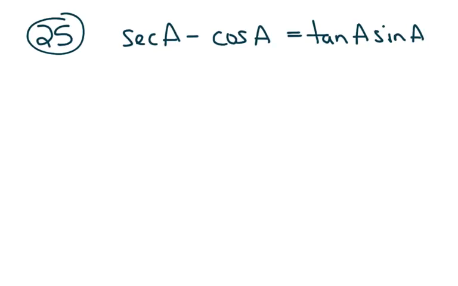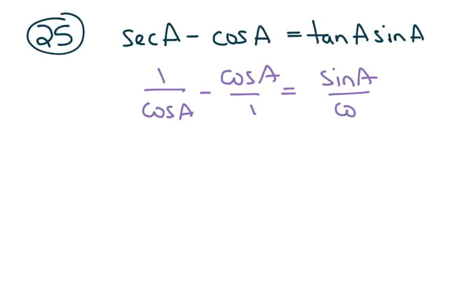Another way of determining, or verifying, I should say, an identity is to work on both sides. So in this particular problem, I'm going to start by making secant 1 over cosine. And on the right-hand side, tangent is sine over cosine.